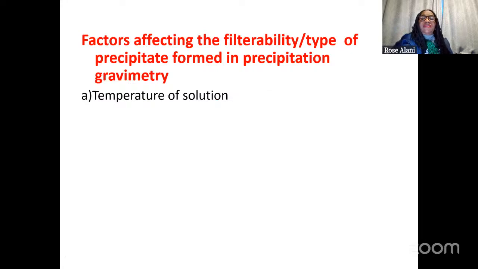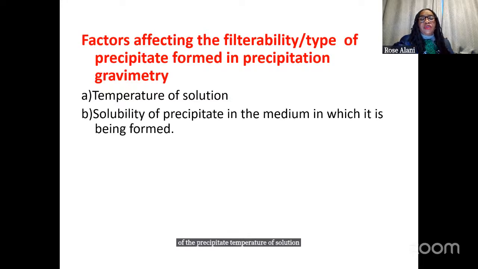the factors that affect precipitation or filtrability, when you want to carry out filtration of the precipitate: temperature of solution is one factor that affects filtrability. Why is it so? At different temperatures, there are some compounds that will dissolve, that will go into solution.